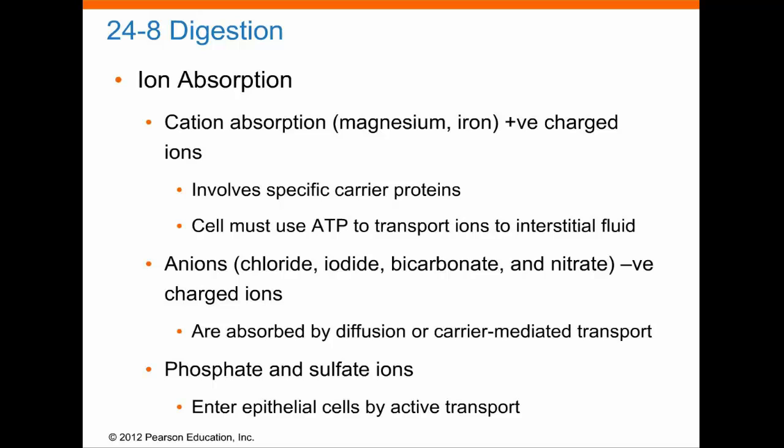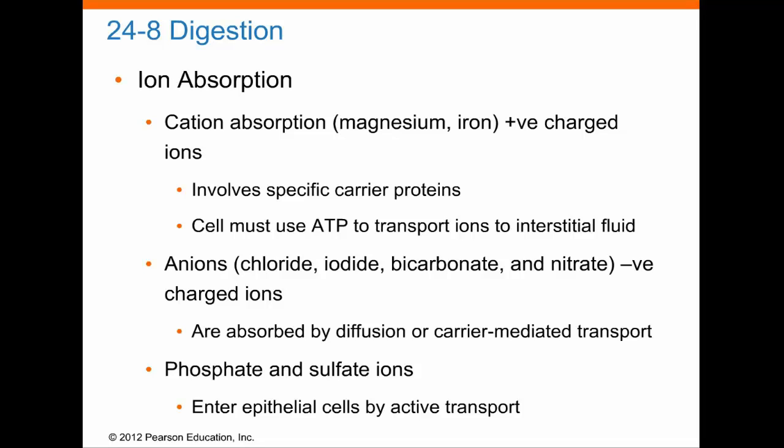Cation absorption, which includes magnesium and iron, these positively charged ions, involves specific carrier proteins. So the cells must use ATP, which is energy, to transport these ions into the interstitial fluid. Anions, which are the negatively charged ions like chloride, iodide, bicarbonate and nitrate, are absorbed by diffusion or carrier-mediated transport.